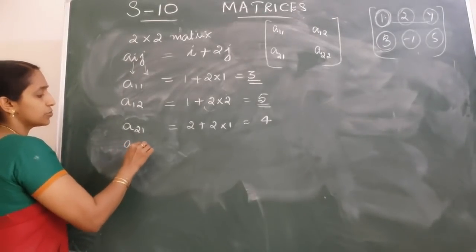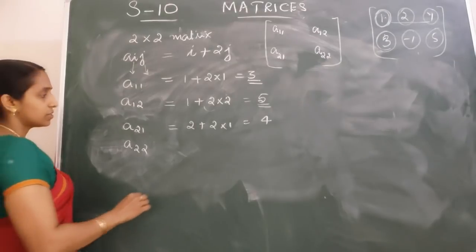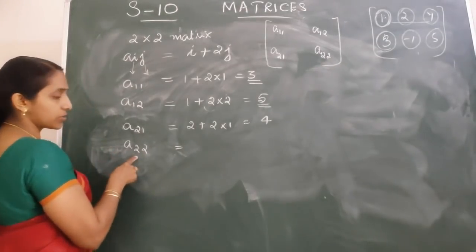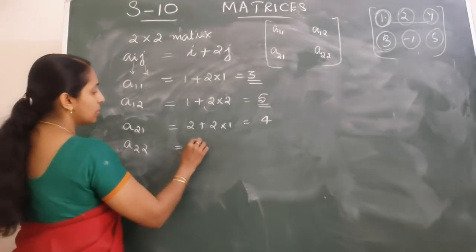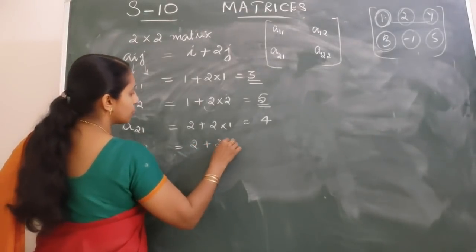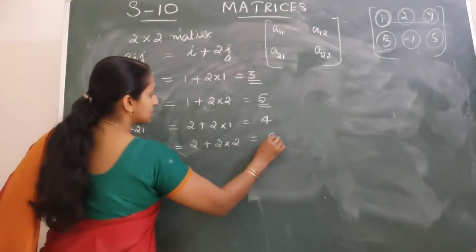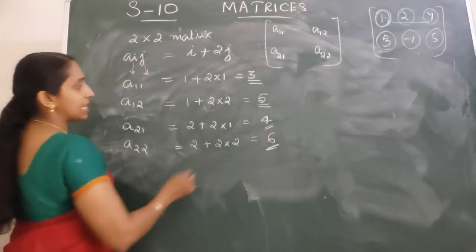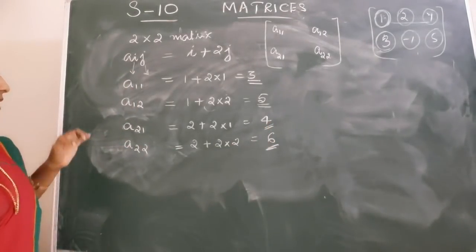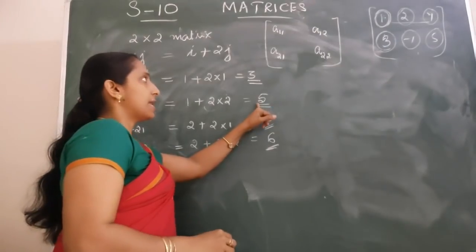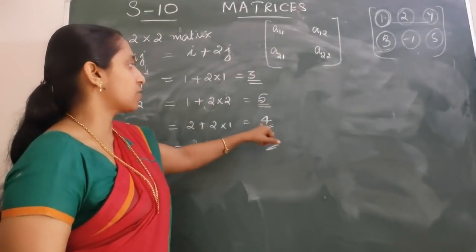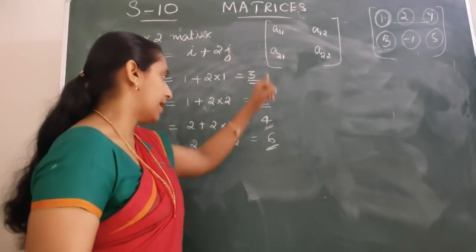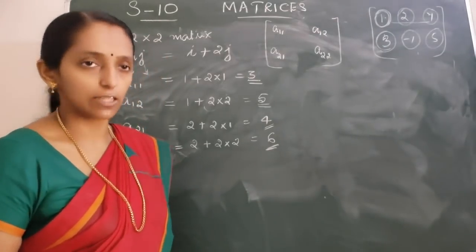And A22. That means I also 2, J also 2. 2 plus 2 into 2. So you will get 6. So all 4 elements we got. First element as 3, second element as 5, and second row first element as 4, and second element as 6.